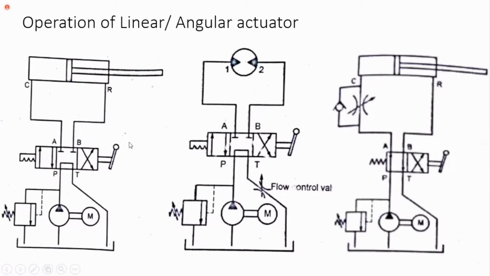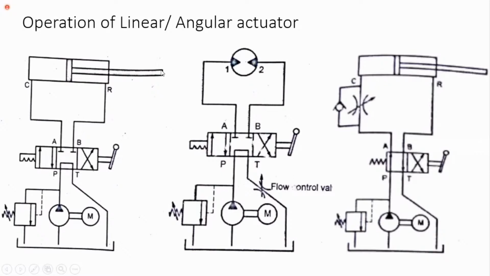Now, the mode of actuation means how we drive that DCV. Here they have shown a lever. So I can say that this is a lever operated 4x3 DCV, which means I need to operate this cylinder, or this part called an actuator.